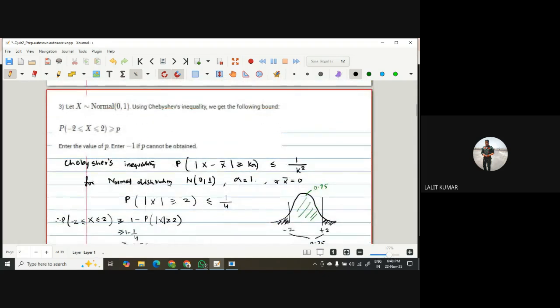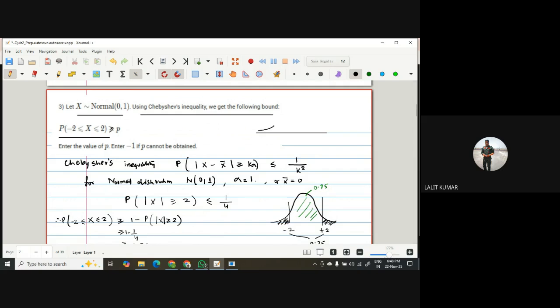Now, the third question was: if x belongs to normal 0, 1, using Chebyshev's inequality, we get the following bound: probability of x greater than or equal to -2 and less than or equal to 2, and we have to find the value of this p. So remember, for a normal distribution, it just means x is between -2 and 2.